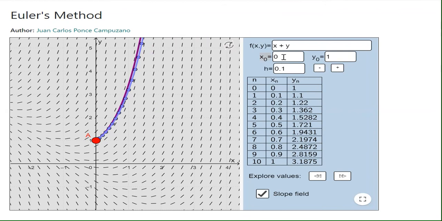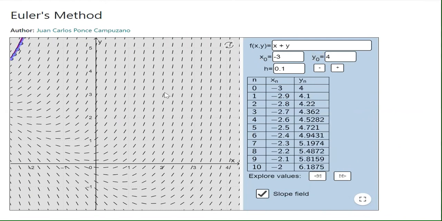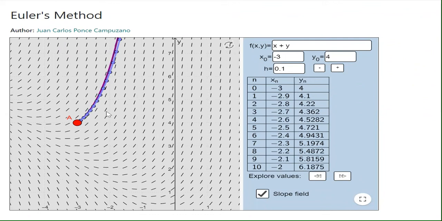If you change the initial point, for example, to negative 3, comma 4, you would get a different curve, and the behavior of the graph depends on the direction field, or the segments that represent the slope at the point x, comma y.